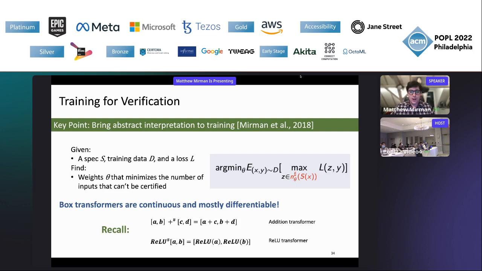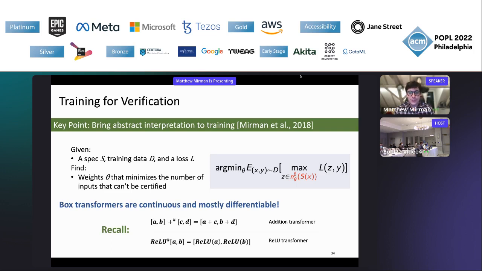It's important to recall here that Box transformers are continuous and mostly differentiable. We can look at the addition transformer for interval and see that applied to two intervals A to B and C to D, we just add the lower bounds and we add the upper bounds.